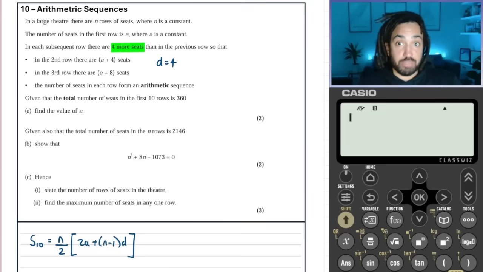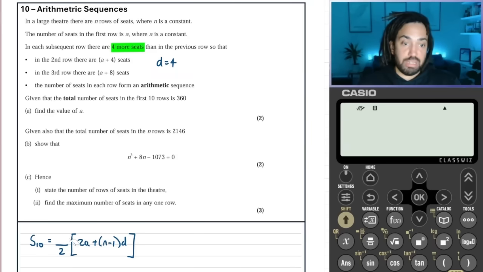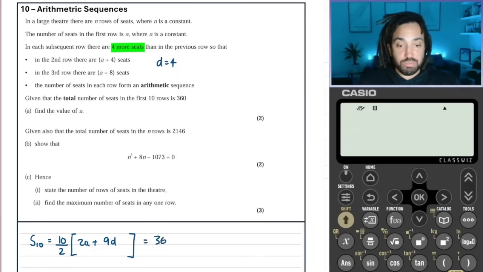Given that we're summing up to 10, we know that n is 10, so we can put a 10 there, and we could put a 9 there, because n minus 1. Perfect. And then we're told that that's equal to 360.